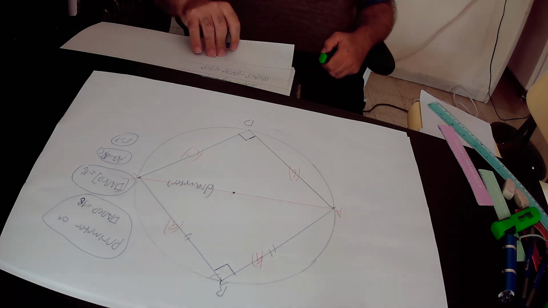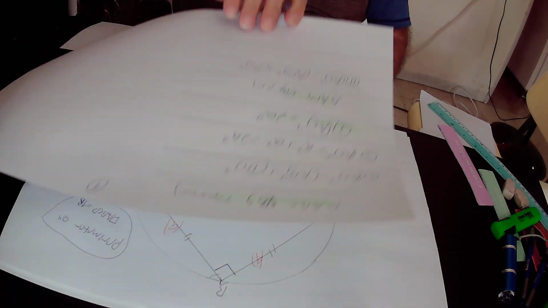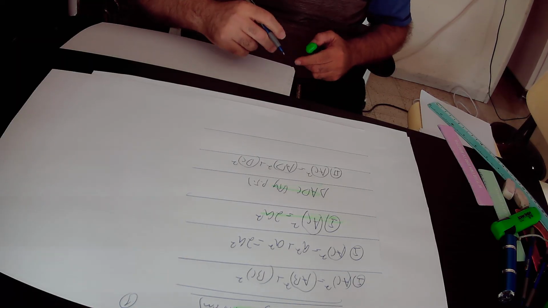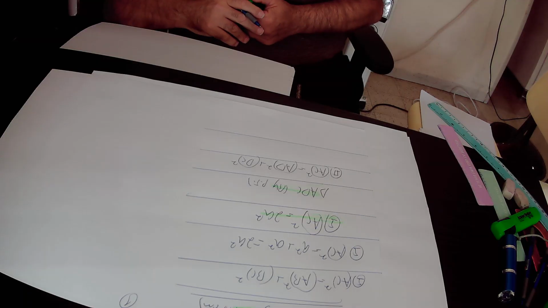Again, in the right triangle ADC, AC squared equals AD squared plus DC squared.